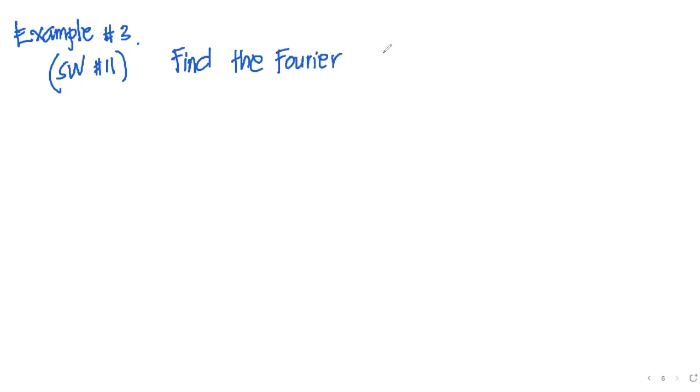And for the final example, this will be your seat work number 11. Let me write the given first, and we'll examine what type of periodic function this given is by observing the sketch.